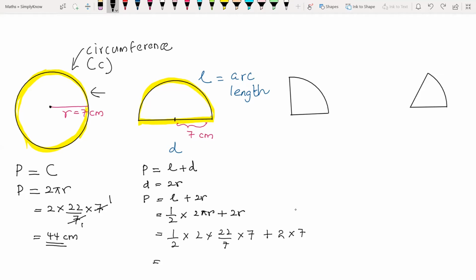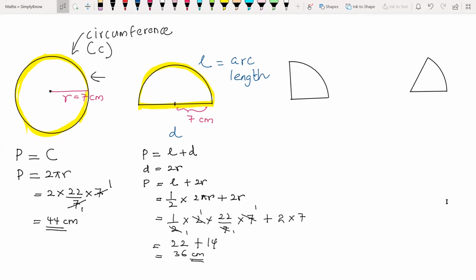Now we can cross cancel these 2's, also these 7's, and remaining is 22. 22 plus 14, it's 36 centimeters. So the perimeter of this semicircle is 36 centimeters.